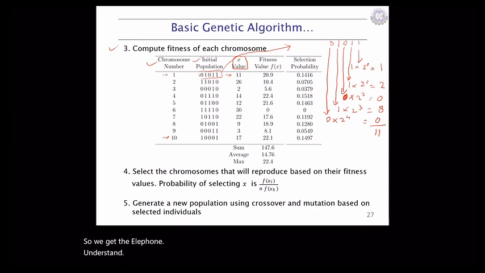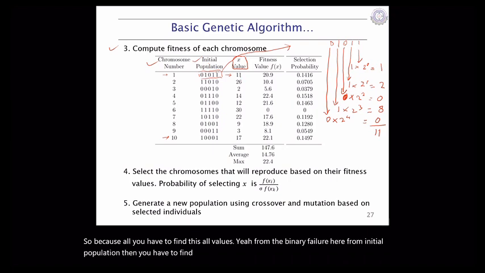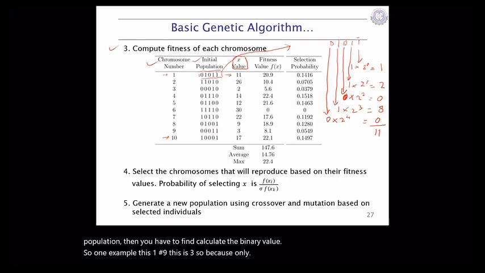So until this part, because you have to find all these values from the binary value here from the initial population. Then you have to calculate the binary X value. So for example, this one, number 9, this is 3, because only the first bit and the second bit have 1.